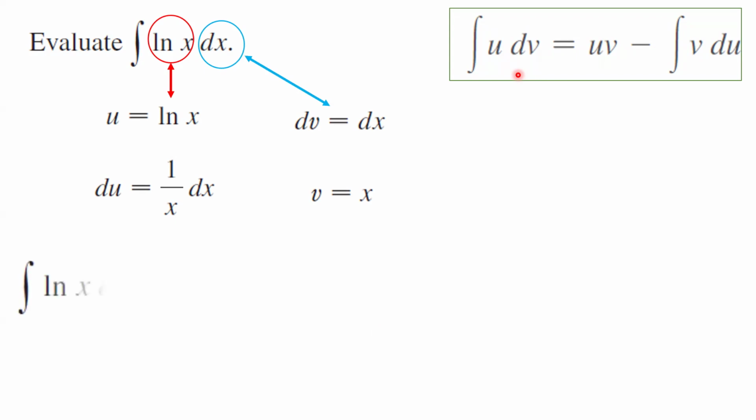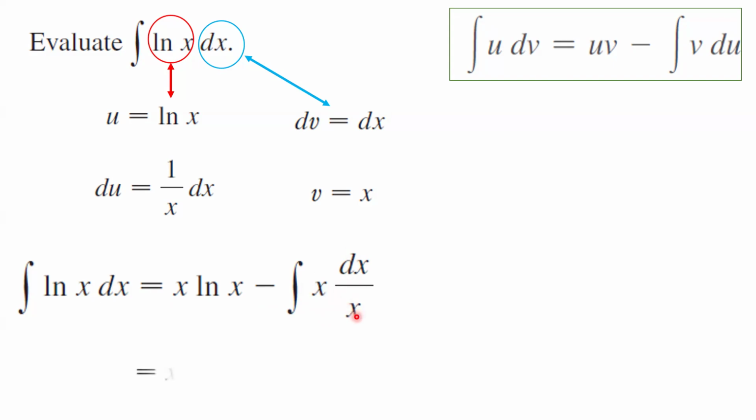So let us set up the integral. The integral of ln of x dx is equal to x ln of x, which is uv, minus the integral of v du. V is x. Du is dx divided by x. So you can get rid of x and x.